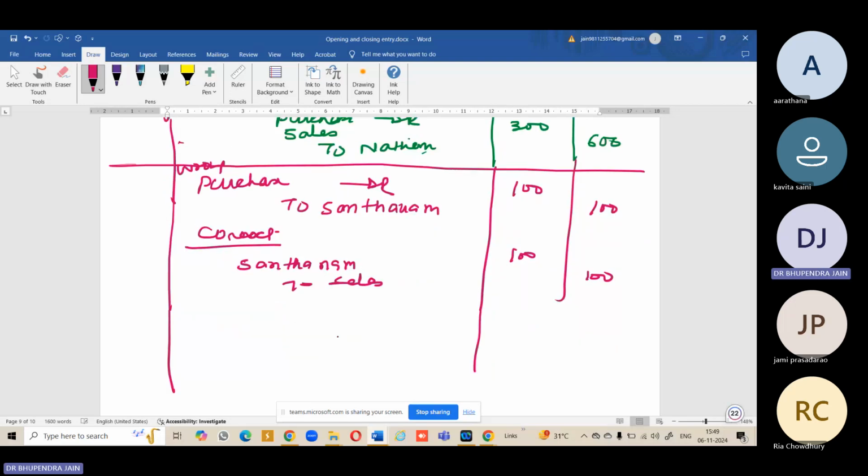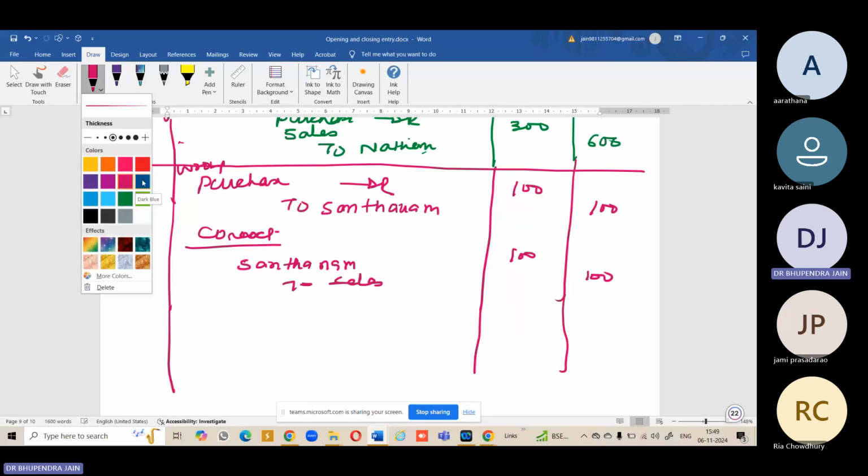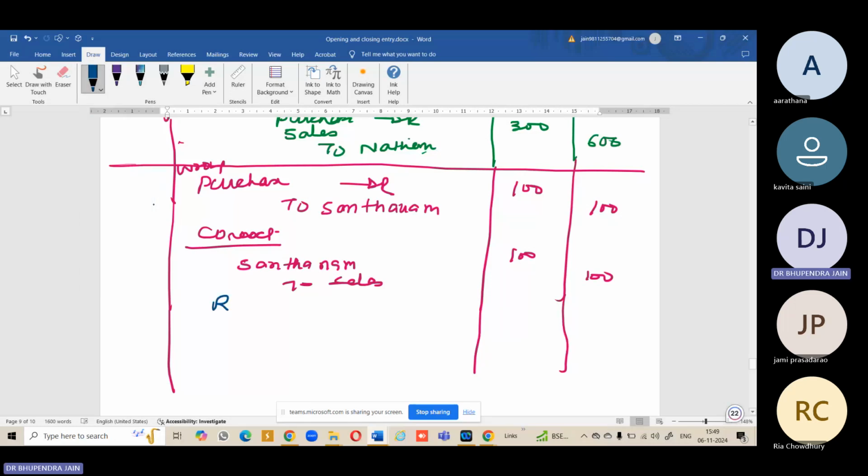We have passed the wrong entry and correct entry. Now we will pass the rectified entry. First cancel one of the side which is correct in both entry, whether entry is wrong, whether entry is correct. But in this question, nothing is correct. So write down the correct entry first.